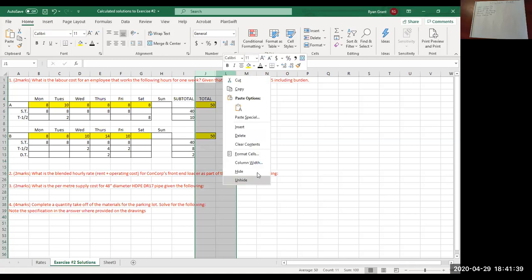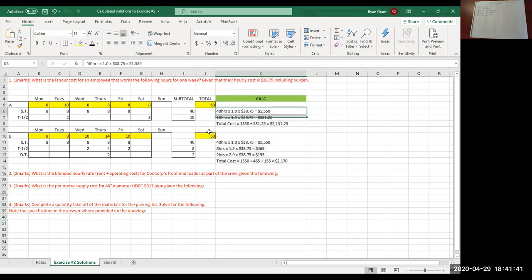So now I will show the calculations. So back up to person A. So 40 hours times 1.0, so meaning that's straight time. So I'm multiplying by 1, and then times the hourly rate gives you a dollar amount. So then the time and a half calculation, so the 10 hours here is 10 hours times 1.5. That's the time and a half factor.